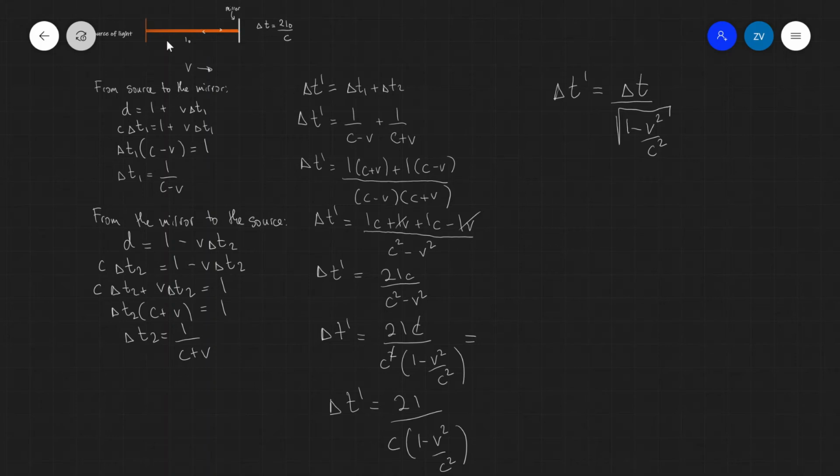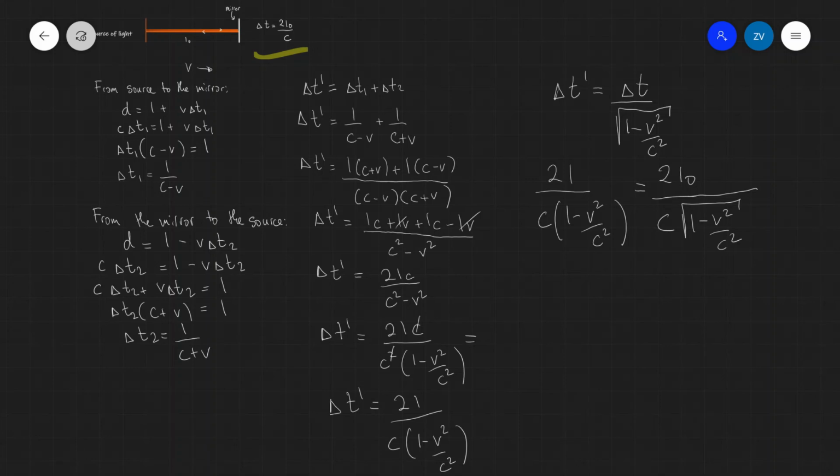Well, delta t primed will be equal to 2L divided by c times (1 - v squared over c squared), and we have an expression for delta t over here, so we can directly just substitute that back in. So this will be equal to 2L naught divided by c, and then we can essentially copy down the square root of 1 minus v squared over c squared from the previous part of the equation.